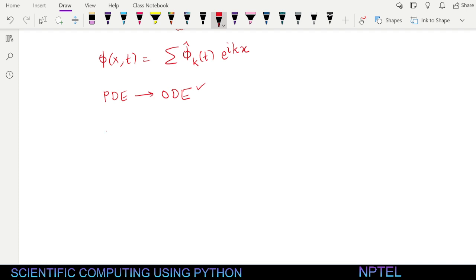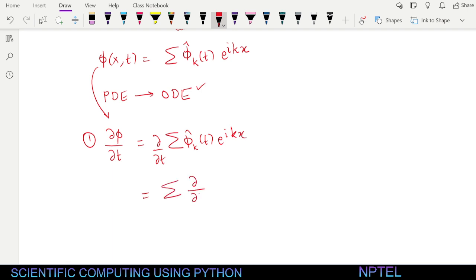So let's say we're calculating partial derivative with respect to time. So that will be sum over partial derivative of phi k at e to the power ikx, and I can take derivative inside. So it becomes partial derivative of phi k t times e to the power ikx.